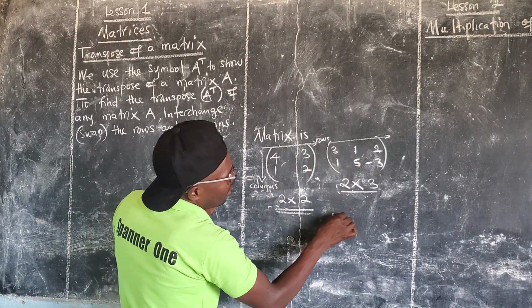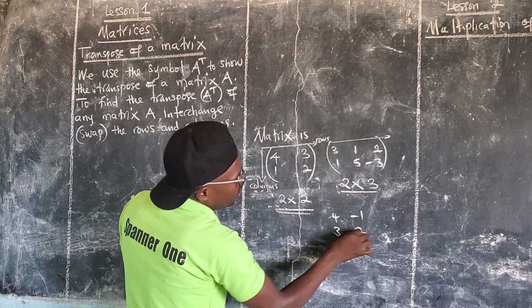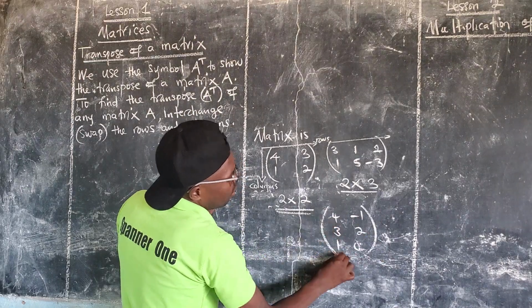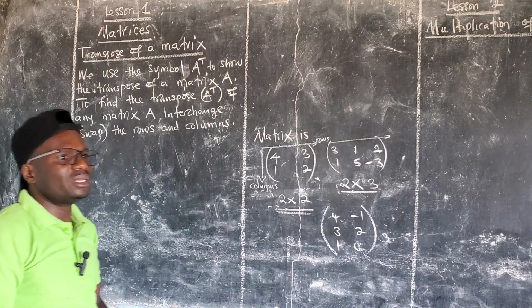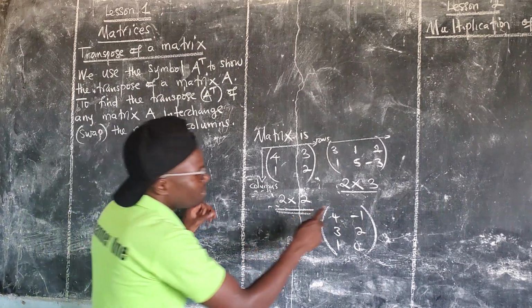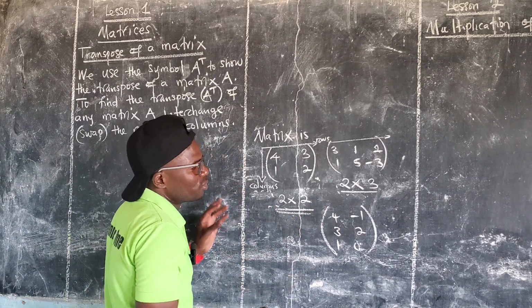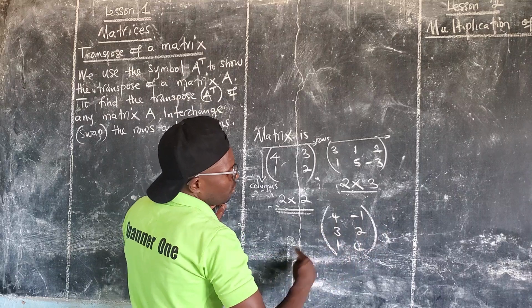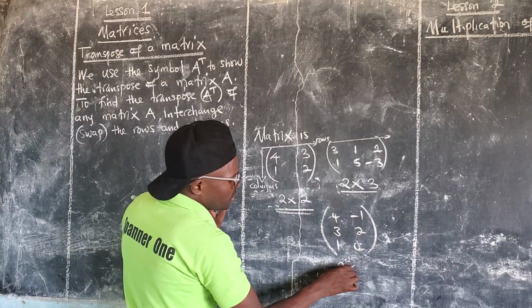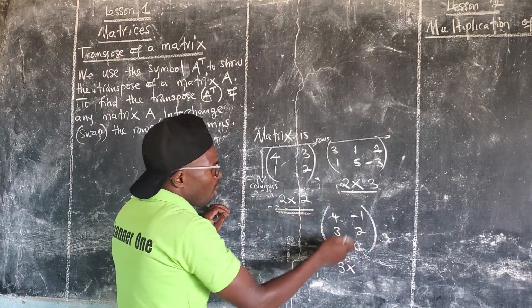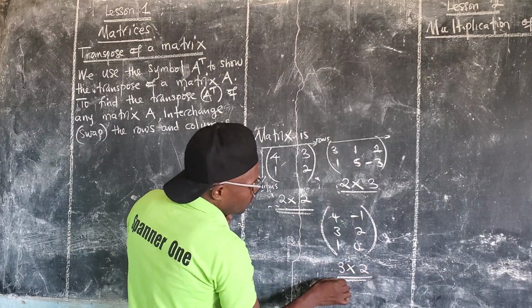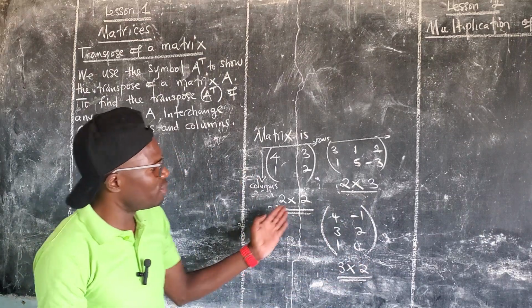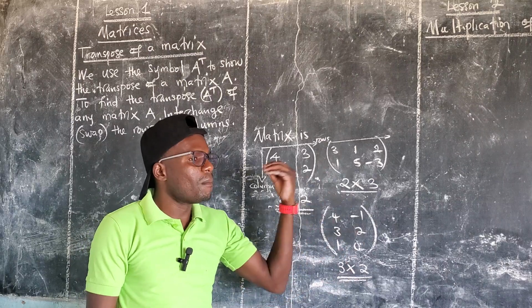You can also have, maybe, 4, -1, 3, 2, 1, 0. To find the order, you count the rows: 1, 2, 3. So I've got 3 rows times 2 columns. This is what you call a 3 by 2 matrix.